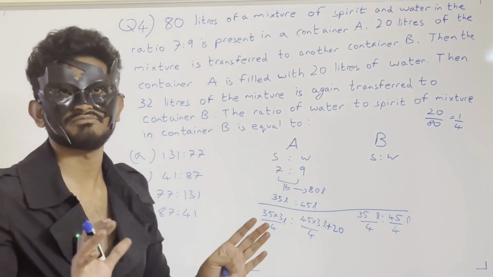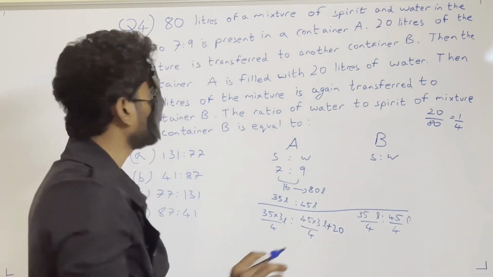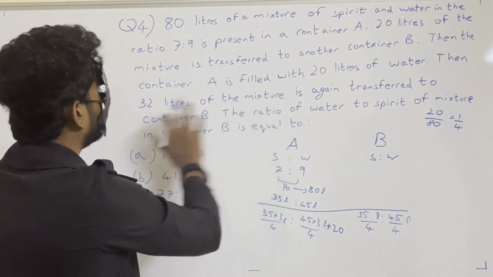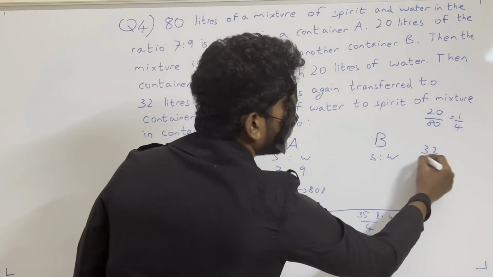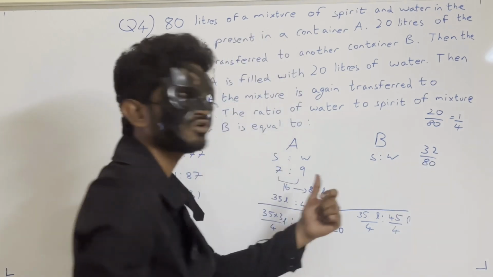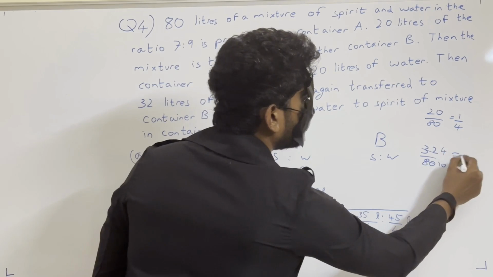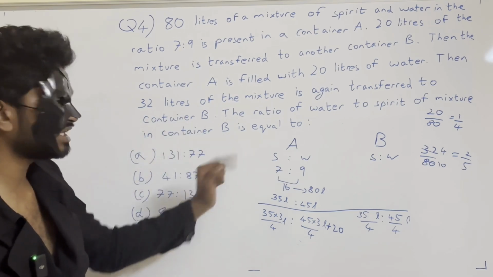So total will be same, right? So this total will add up to be 80. That is clear, right? So as 32 liters of the mixture is again transferred to container B, what is the fraction of 32 out of 80? It is nothing but 8 fours are 32, 8 tens are 80, so 2/5. So 2/5 of that we are transferring to container B.